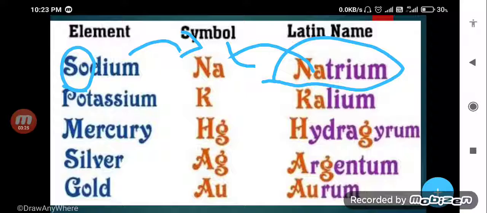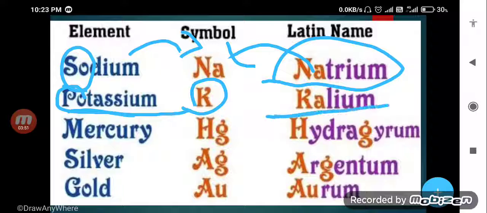Here you can see potassium, but what is its symbol? You have written K here. Its name starts with P, but here what are you writing? K. Why? Because its symbol is taken from its Latin name, and its Latin name is kalium. You can see kalium, and from kalium K is taken.